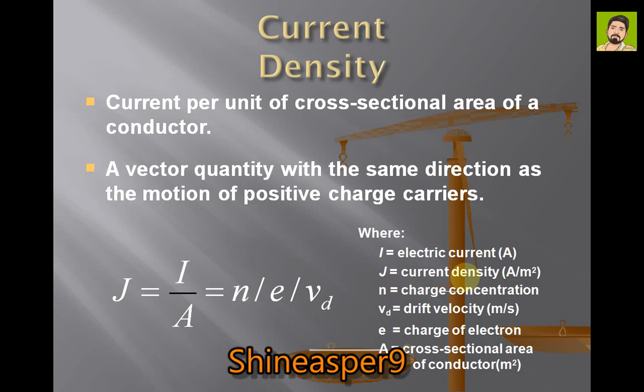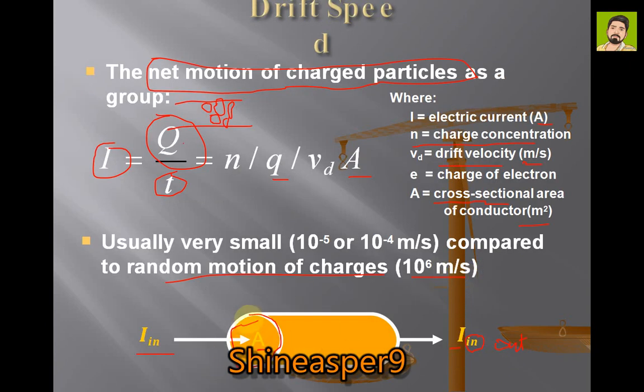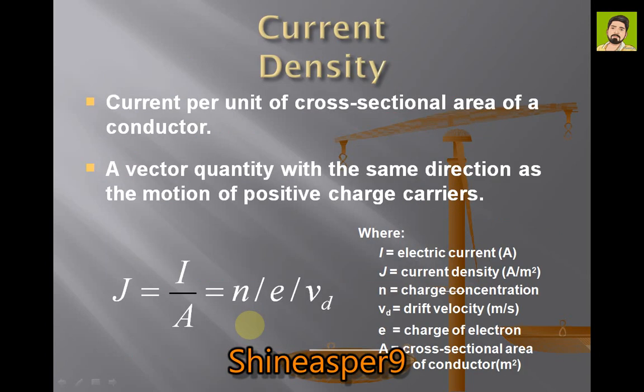That means here in this cross-sectional area, charge particles are gathered. So we have to discuss how many particles, how much charge is in this cross-sectional area. That is called density.